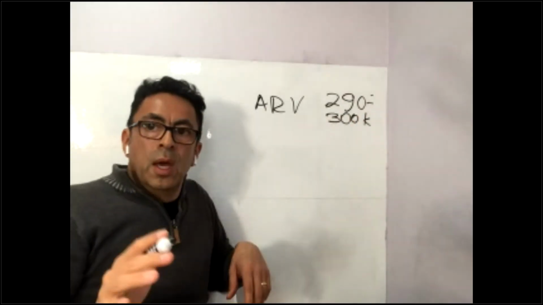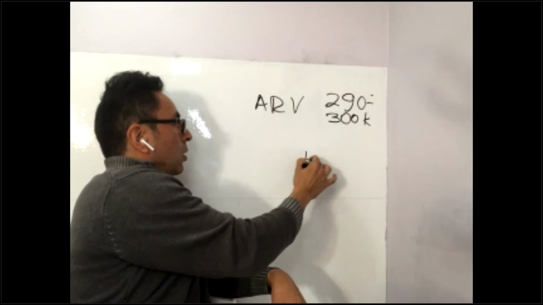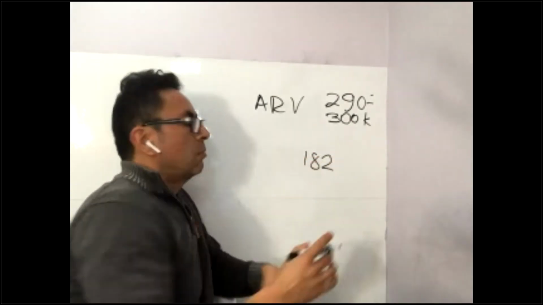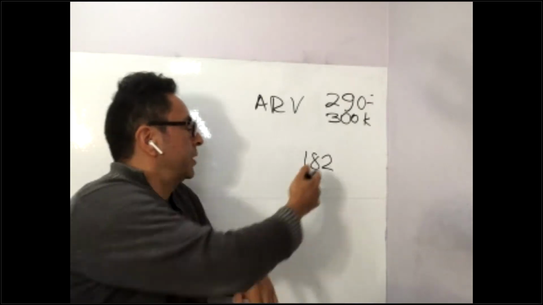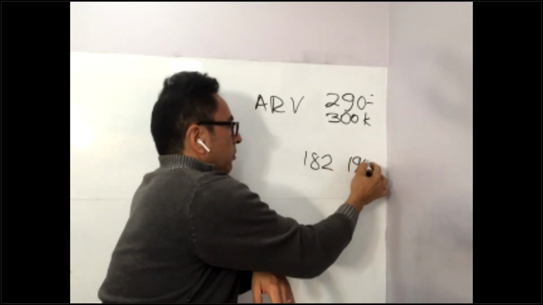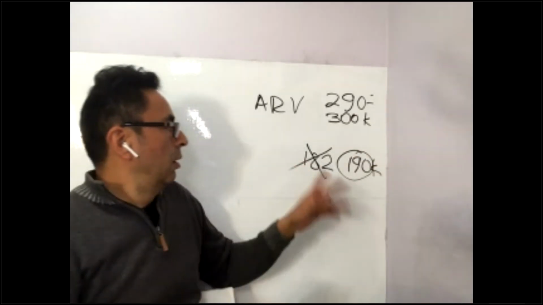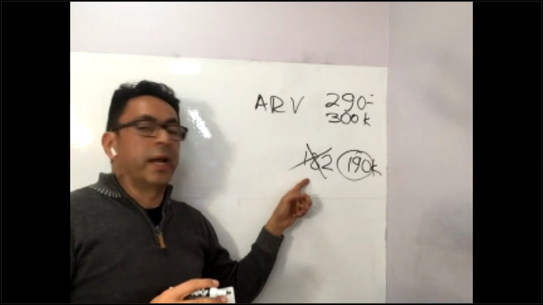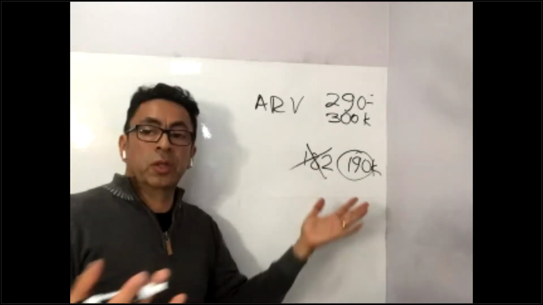If we can buy this for 182 plus closing cost, and if we do the cash for keys, this is going to go up to, I would say, 190K. Because the bank's reserve is 182, but we're going to need to pay closing cost, and then do the cash for keys.